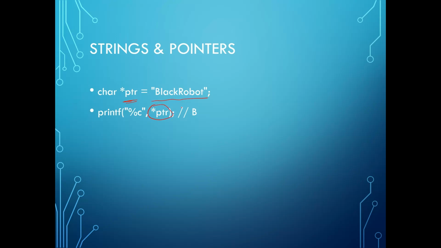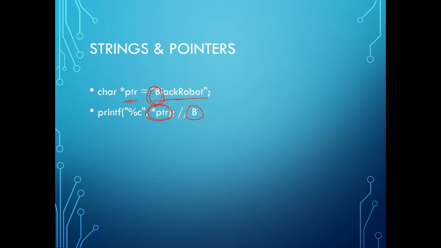When you print through the pointer, it will not print the whole string, because the pointer is indicating only the first element. So this address is pointing to the first element, and that's why it will give the first character here. So this is strings and pointers.